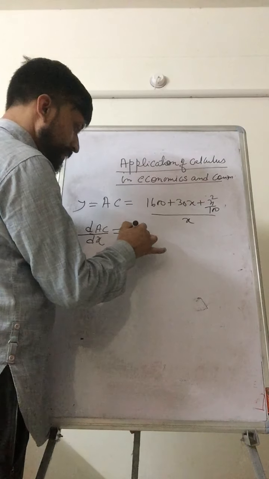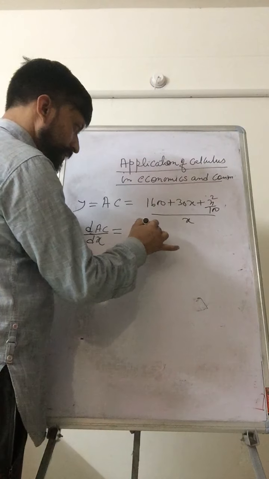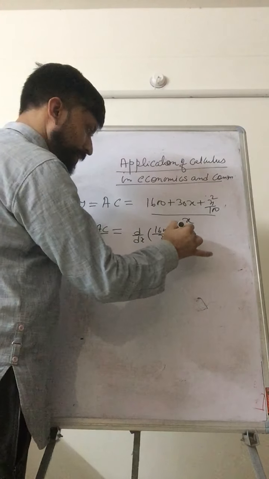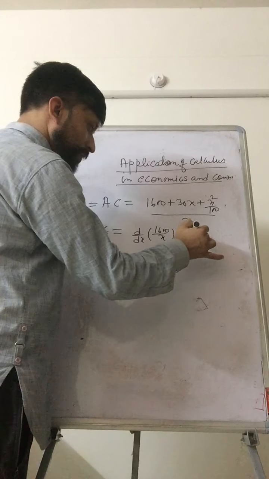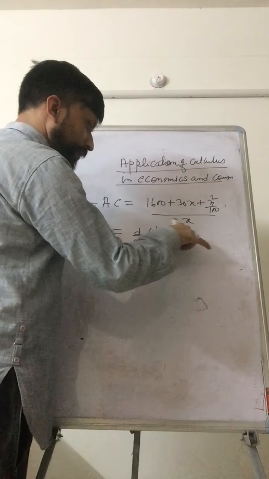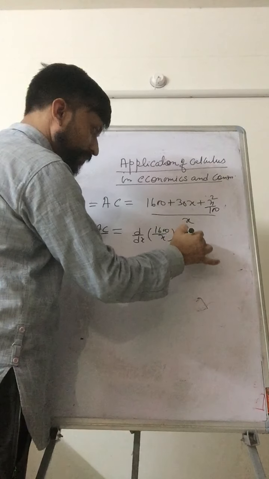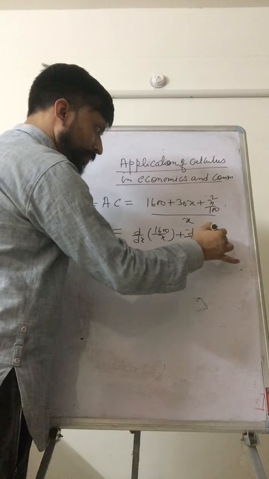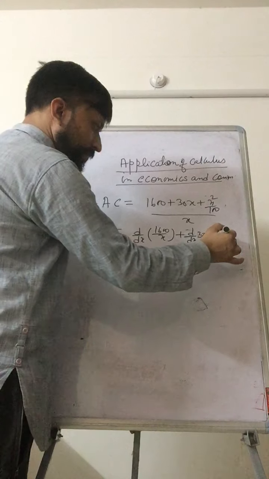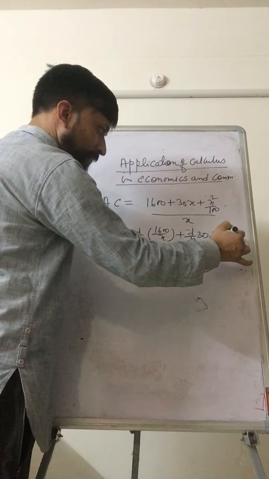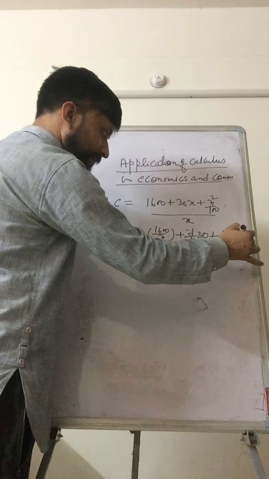So if we find the derivatives of this, then what will we get? We will get d dx of 1600 by x plus 30 will be outside, or if you simplify then you will get 30. So d dx of 30 plus x cancel, 1 by 100 take outside because 1 by 100 is constant, and d dx of x.